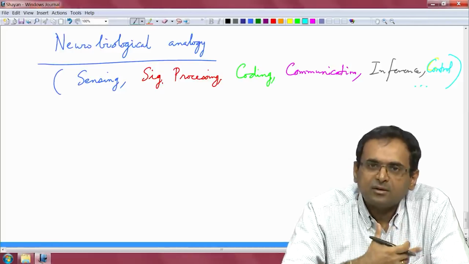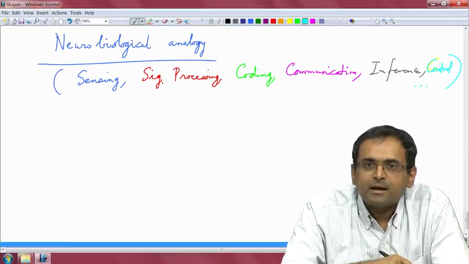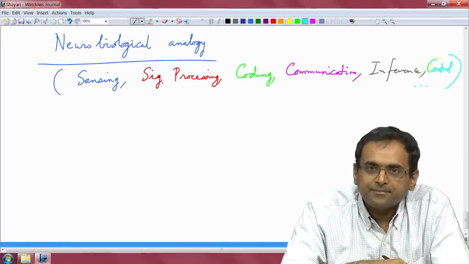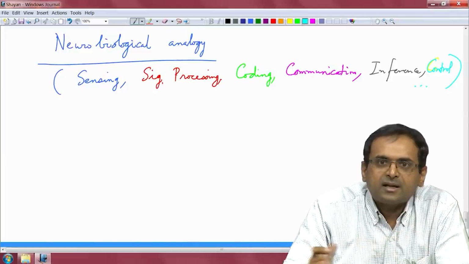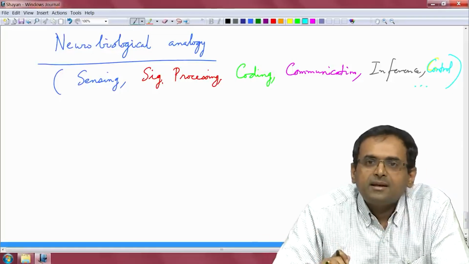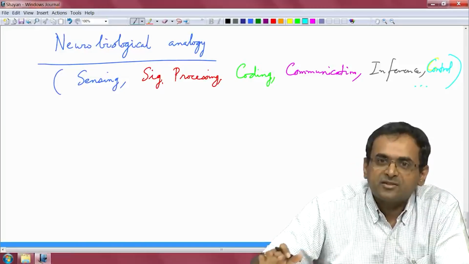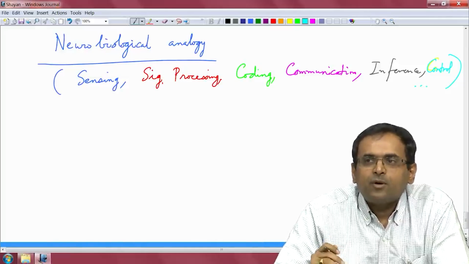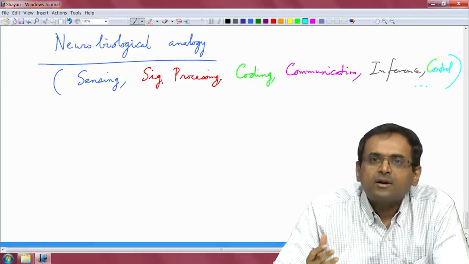And then there is control, regulation, whether open loop or closed. Typically these are closed loop control systems, and we have this closed loop feedback. And we do this in our normal routine. All these tasks are very natural in our normal routine, except that we do not realize this is signal processing, this is communication, this is control, this is sensing. But if we were to make a machine learn these capabilities, what can we do?